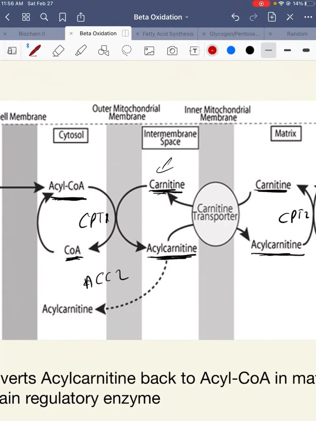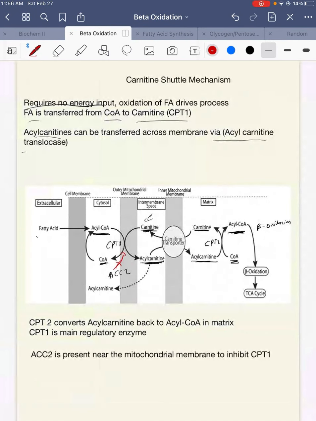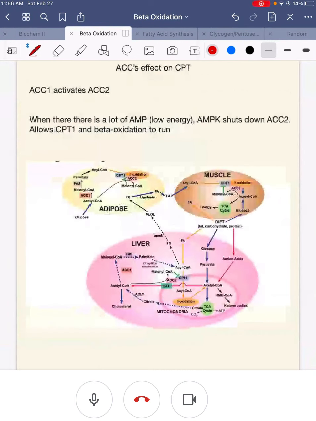We talked about the mechanism of that in the fatty acid synthesis lecture. Basically, it produces malonyl-CoA, and then malonyl-CoA can inhibit CPT1. And if acyl-CoA can't enter the matrix, we can't run beta-oxidation. Okay, so this is the entire thing about the carnitine shuttle.